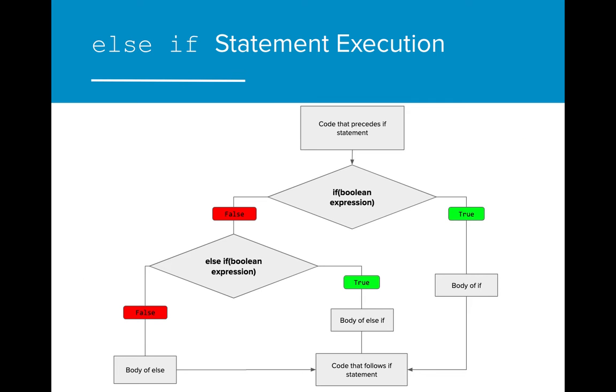This is the diagram of what an else-if statement looks like when added to the control structure. As we can see, it adds an additional level of complexity. We can think about the else-if as just another if statement that will only execute if the Boolean expression in the else-if evaluates to true and the initial if statement evaluates to false.